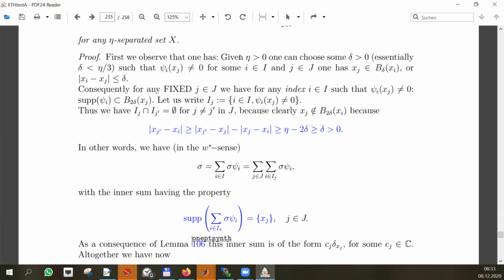And I choose now some radius, that's kind of the radius of these little yellow balls, such that if a point is such, well, if we have two index sets now, we have the points which are labeled by xj, and we have our fine partition, a very fine partition, which is a delta-fine partition, such that the psi I are little bump functions.